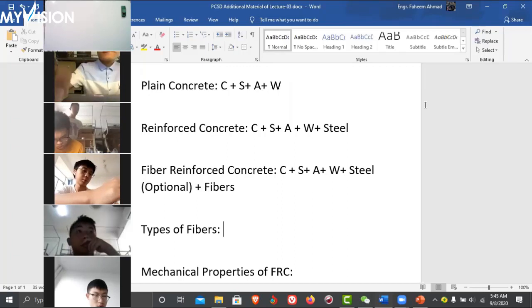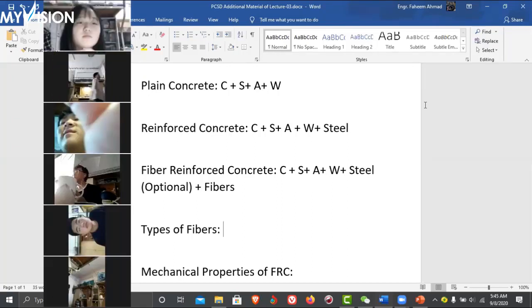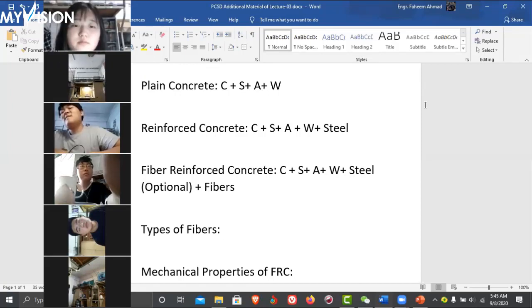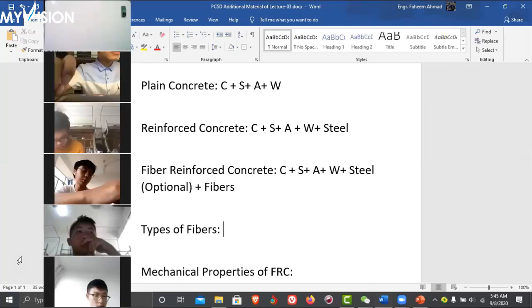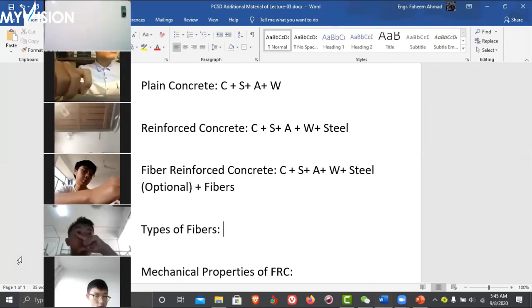Any one of you who will tell me how many types of fibers available? I remember it's natural fibers and artificial fibers. Yes, Bruce Wayne, you are right.